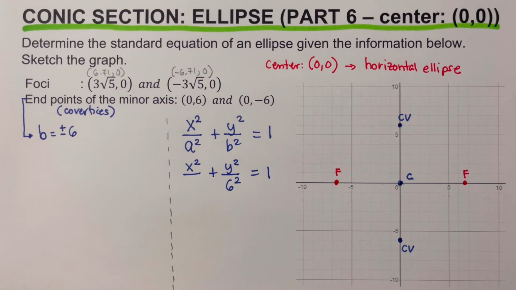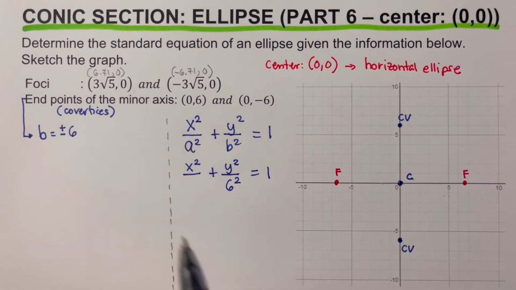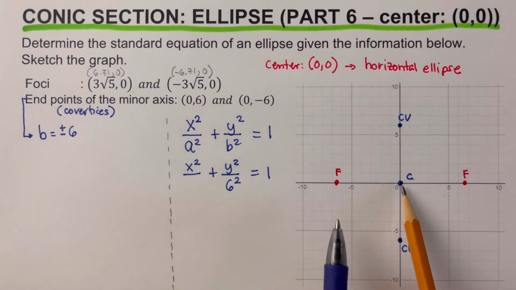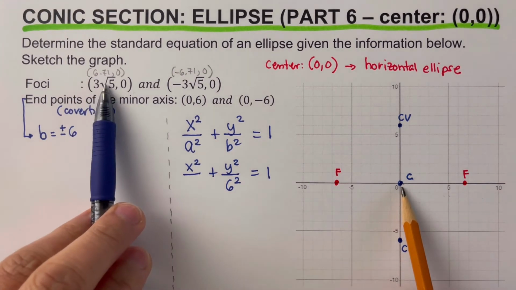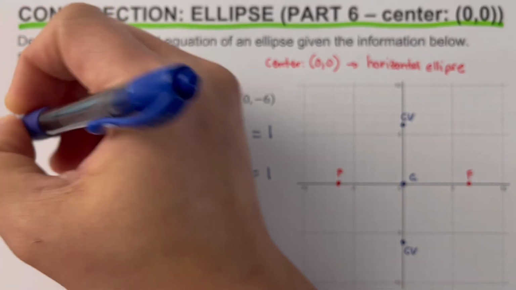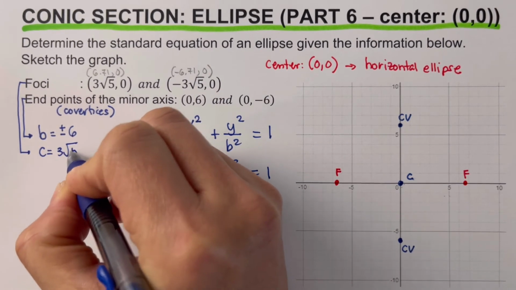Now, we don't know what the A value is, but we can tell from the given value that our C, which is the distance from the center to the focus, is 3√5. So I can write that down here, that our C value is 3√5.